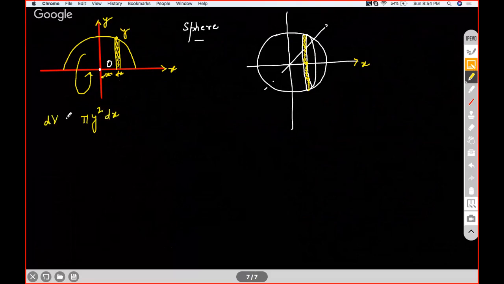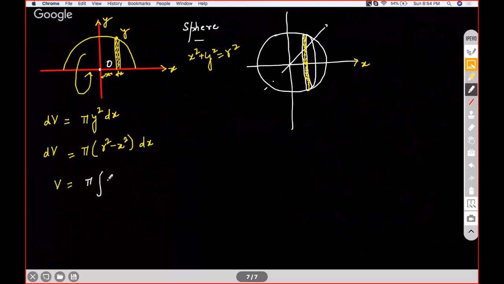For this sphere, you know that x square plus y square is r square, so y square is r square minus x square. So I can say volume is the integral of this from minus r to r. You can write it as twice from 0 to r also.